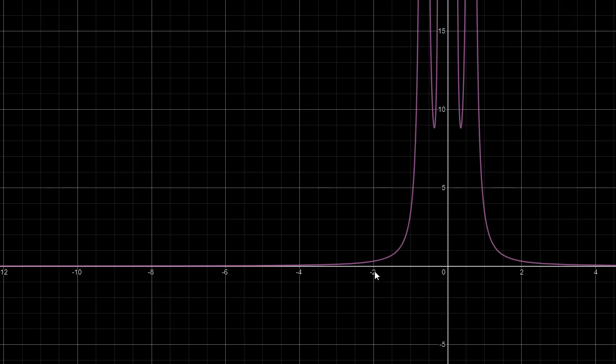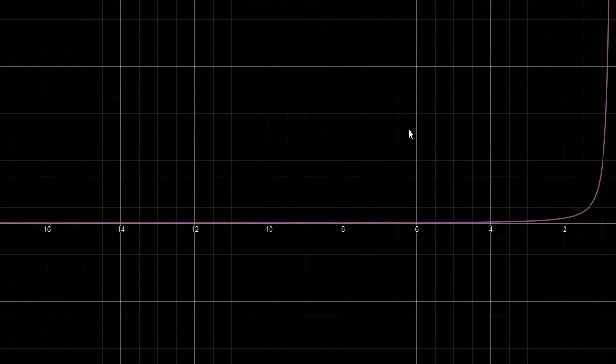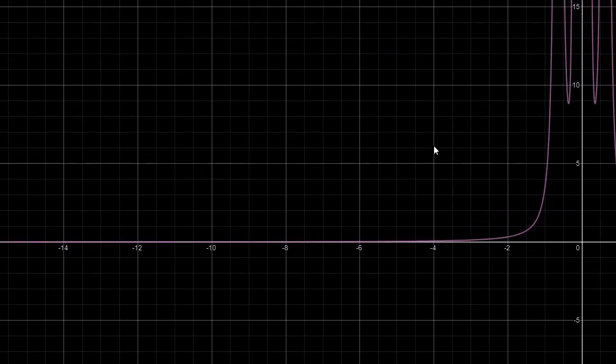But we weren't looking at that. If we go back to our original integral, we were looking from negative infinity to negative 4 over pi. So we were actually looking out here. We can see on this graph that it does shrink down to the axis real fast, almost instantly.